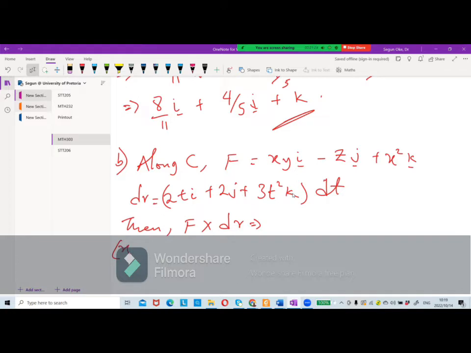now we know our F. Our F in this case is what? How do we substitute? That will be x, and x is t squared.